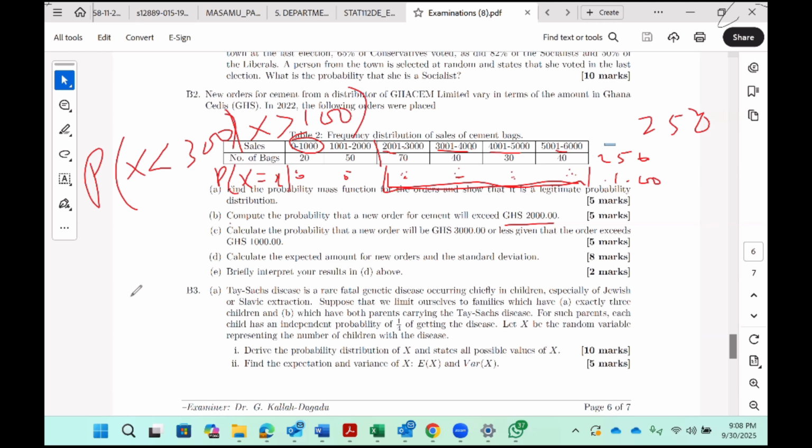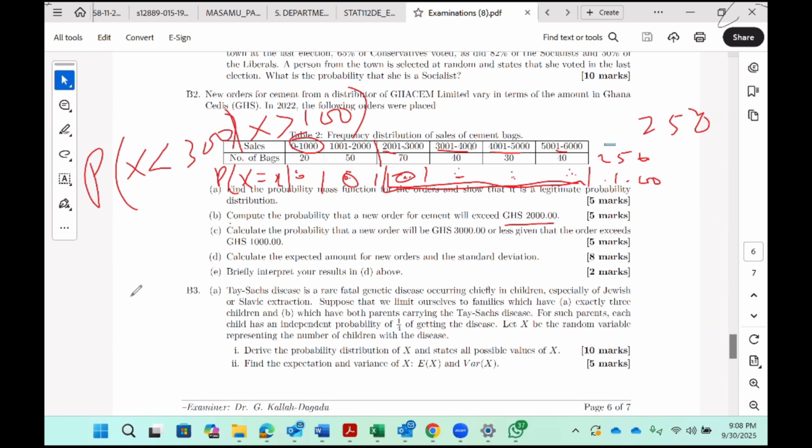So if we are to find this, it becomes the probability between here and here. So you add this plus this.